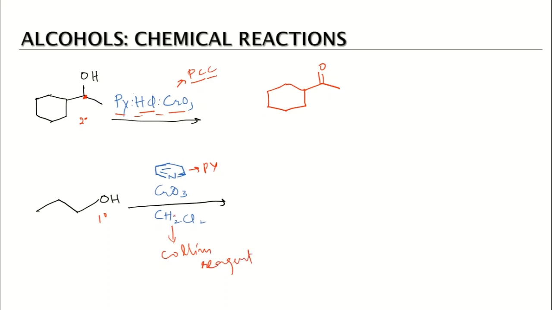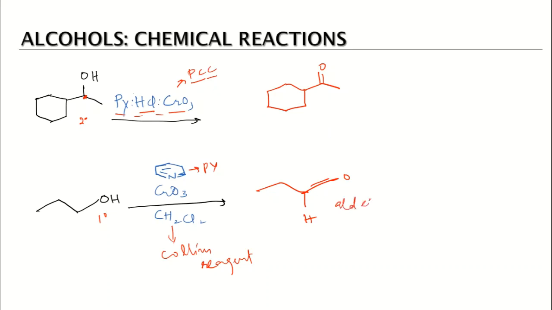So Collins reagent is used for the conversion of primary alcohols. Collins reagent will convert the primary alcohols into the aldehyde, because it is not a strong oxidizing reagent. We have learned in the reactions that there are only 2 reagents with which we can convert primary alcohols directly into carboxylic acids. All the other oxidizing agents are going to convert it into the aldehyde.